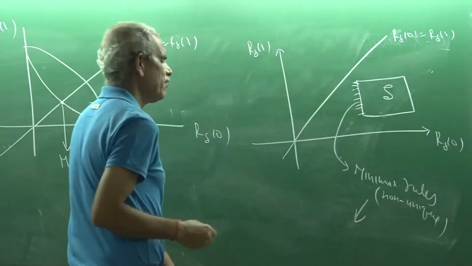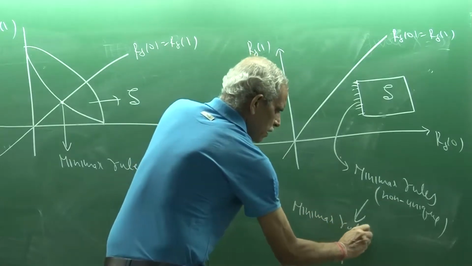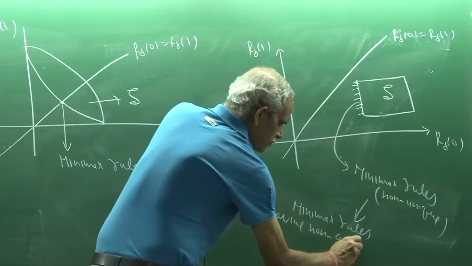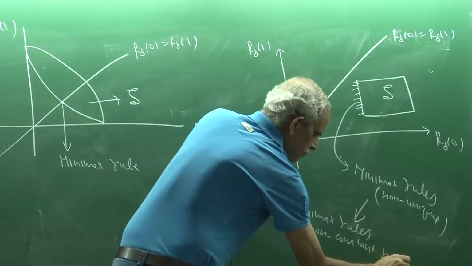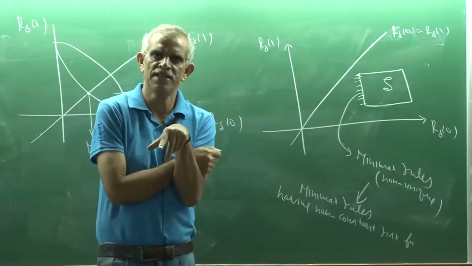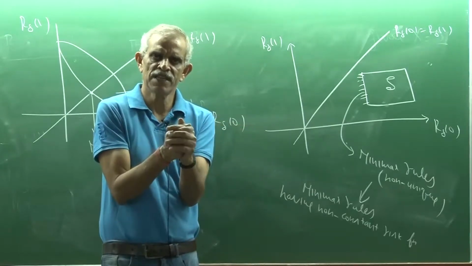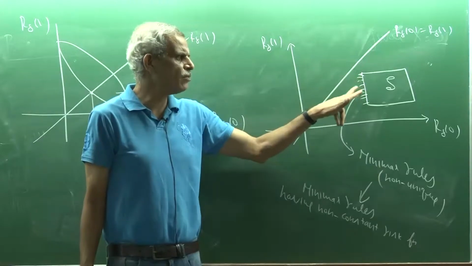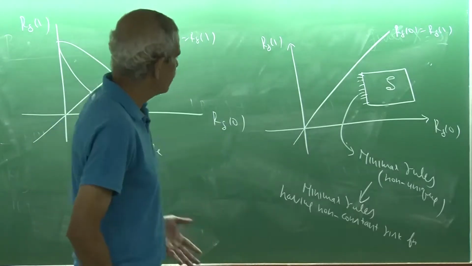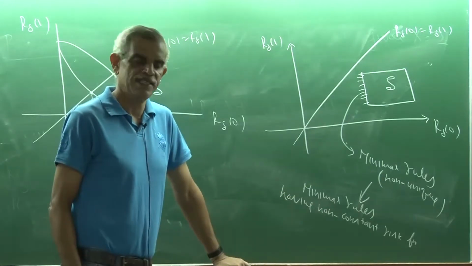And this also gives you an example of minimax rules having non-constant risk, because saying that a decision rule has a constant risk function means R delta 0 is same as R delta 1. That means it does not depend on theta. R delta theta is same. But in this case, what we have seen is the minimax rules are over here. And in fact, here R delta 0 is strictly bigger than R delta 1. So this illustrates a situation where you have minimax rules and they do not have a constant risk.